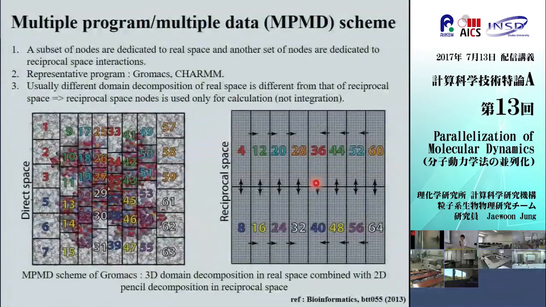And the idea used in GROMACS is to reduce the number of processors in this space, to reduce the communication in FFT. At the same time, some more processors are used for real space. So now these schemes are used in GROMACS and CHARMM MD software.